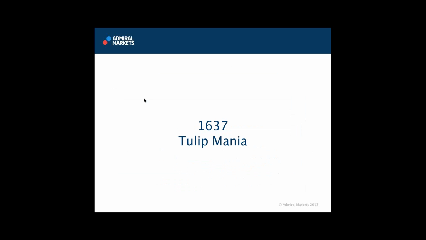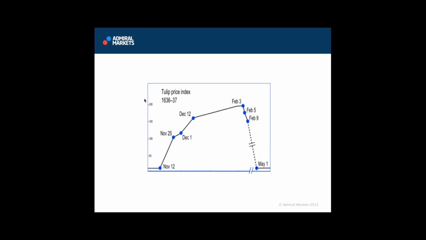And some single tulip bulbs sold for more than 10 times the annual income of skilled craftsmen. This is actually the chart for the tulips. Let's put it in perspective. A skilled craftsman can expect to earn around $30,000 per annum, which means one bulb went for a monstrous $1/3 of a million. That's for a single flower.